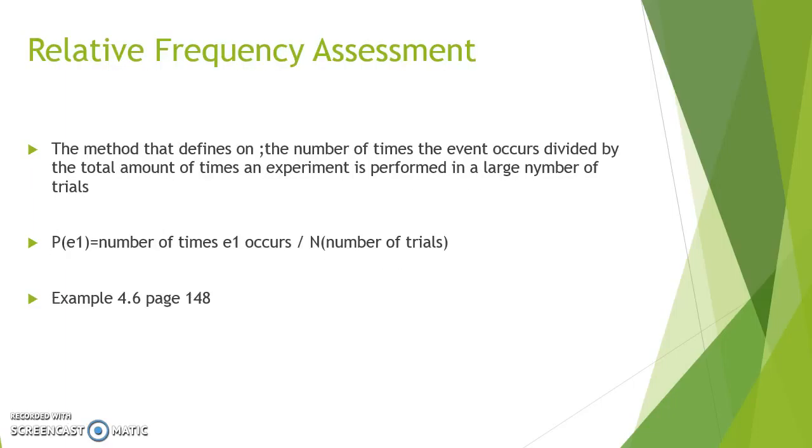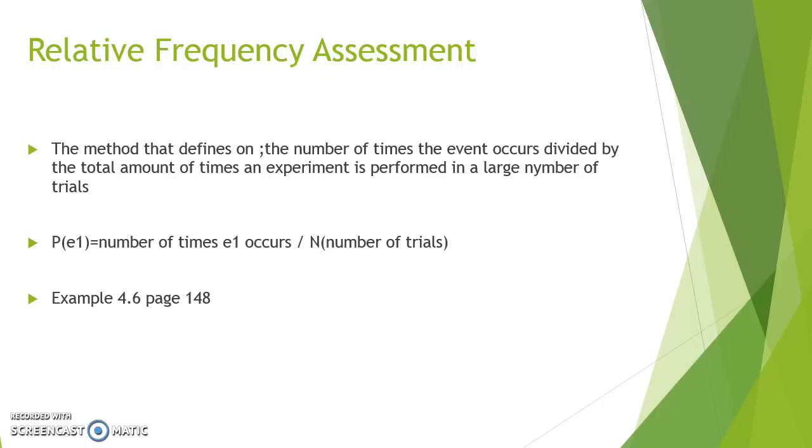Then we also have the relative frequency assessment, which is the number of times that E1 occurs divided by the number of trials. For example, 4.6. Example 4.6 is about Starbucks wanting to see how many people drank caffeinated and decaffeinated tea.